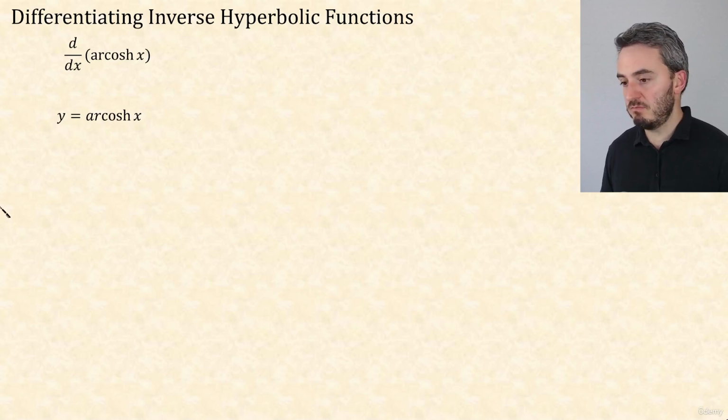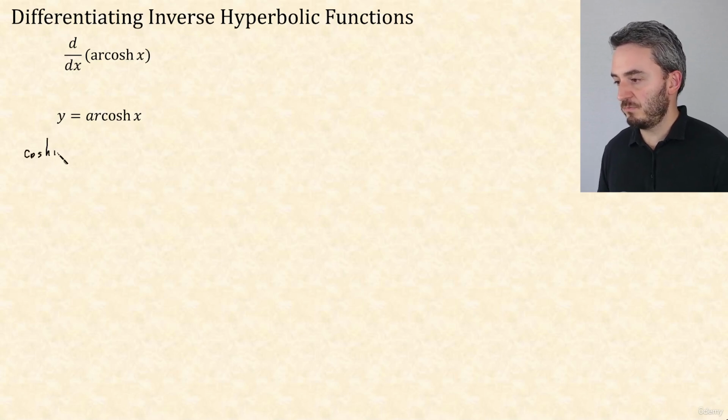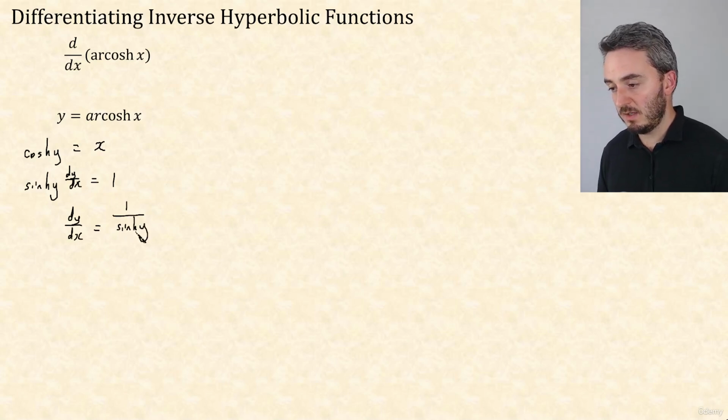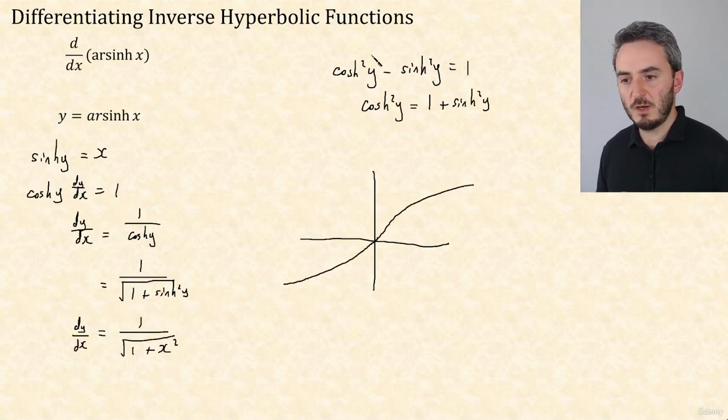Same thing, so pause the video and try this one for yourself. So we'll take cosh of both sides. Cosh y equals x, and the derivative with respect to x is sinh y dy by dx, and that's equal to 1. So dy by dx is 1 over sinh y. So once again, we're thinking, how do I rearrange this to get sinh in terms of cosh?